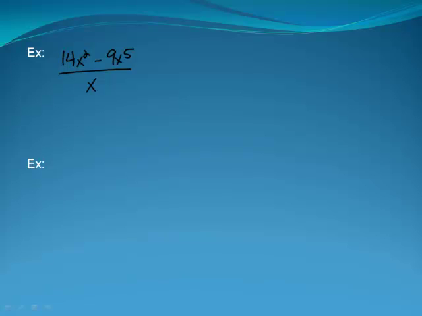There is no addition or subtraction in our denominator. So we're going to use that simple fraction policy that we just talked about. If you have a single term there, you should be able to separate that out into two separate fractions and get an equivalent expression. So we've got 14x squared divided by x minus 9x to the 5th divided by x.